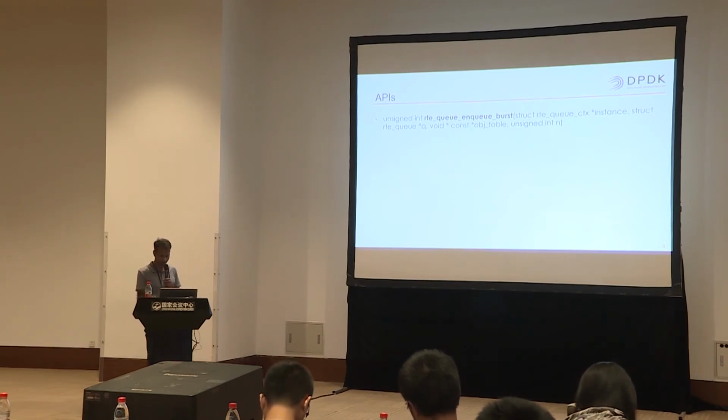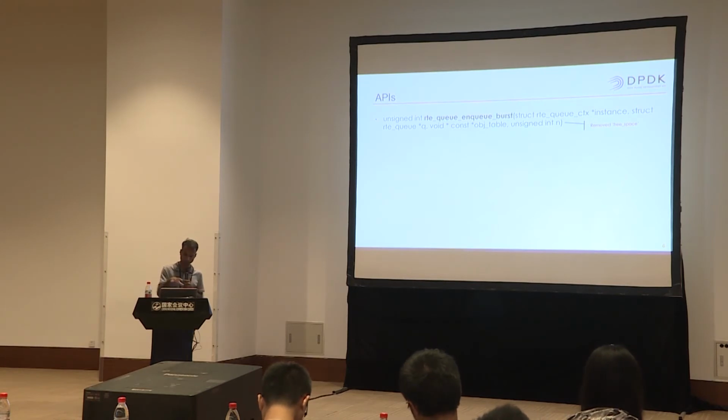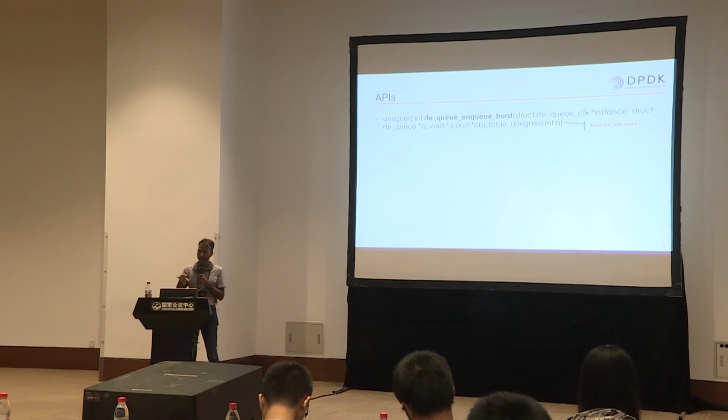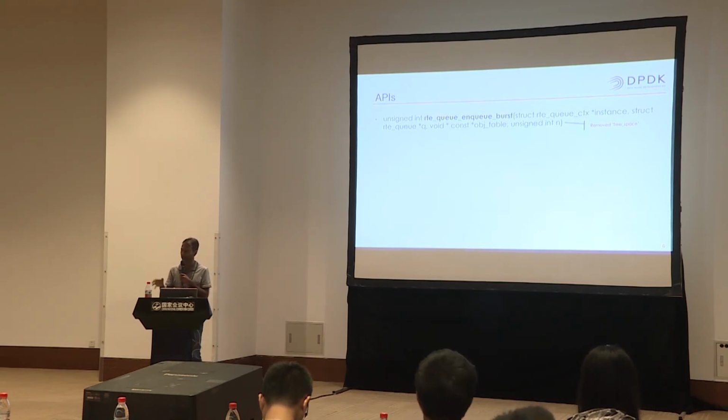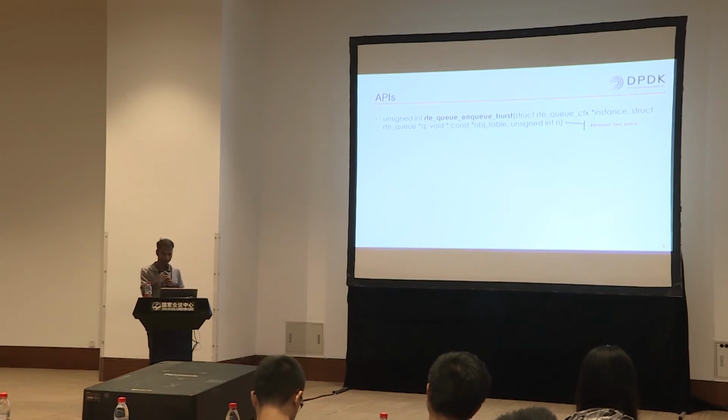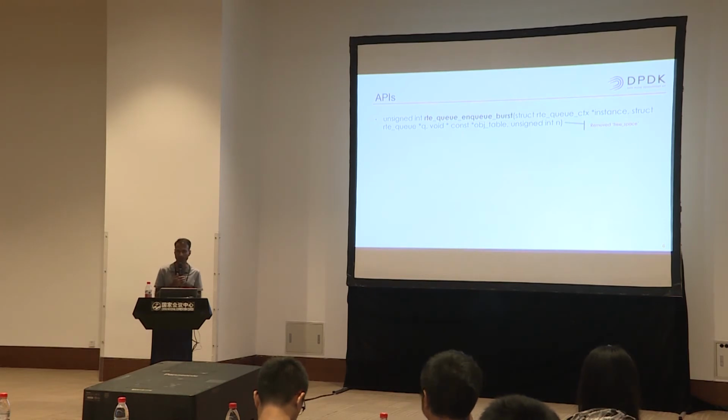So one of the things that I have done is, I have tried to keep these APIs similar to the RTE ring and RTE event ring APIs, but I decided to take out the free space because I think that's something that cannot be implemented by the hardware.